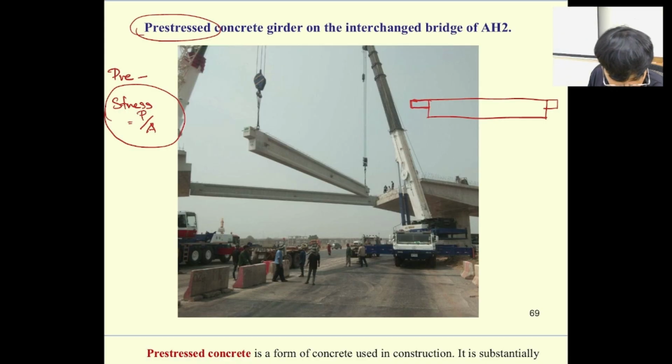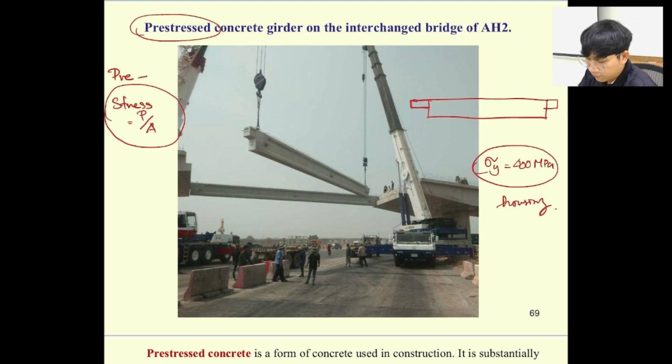The PC wire has a really high tensile strength. Normally, sigma y for normal steel is about 400 MPa, but for the PC wire, sigma y can be larger than 1000 MPa. It is about 3 times higher. We call it high strength steel.